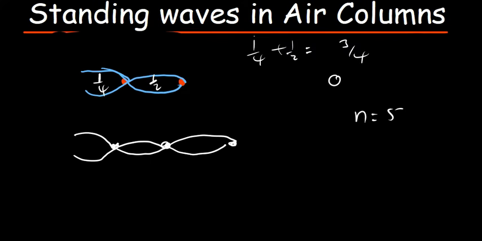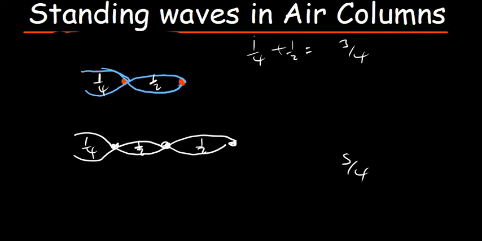Because this is 1 over 4, this is half, and this is half. So if we add, we end up having 5 over 4, meaning n is equal to 5. So when n is equal to 5, we have got 3 loops in this case. Okay, so that is what you need to know.